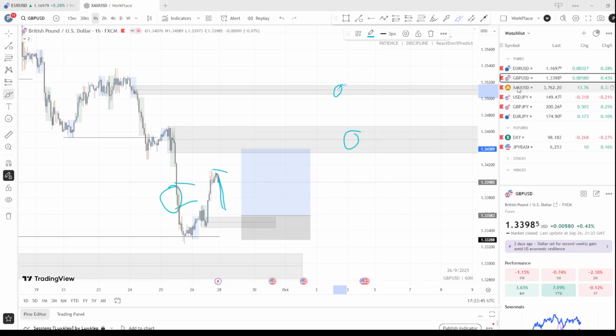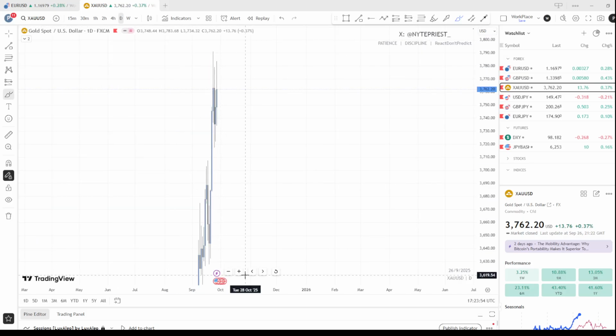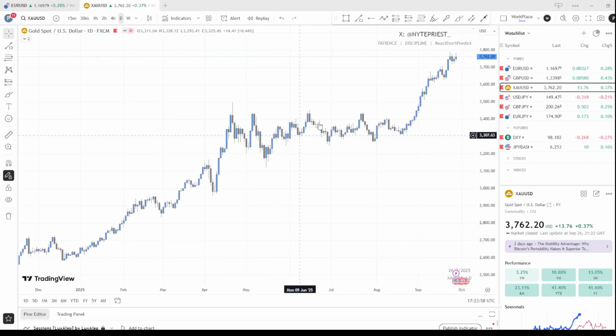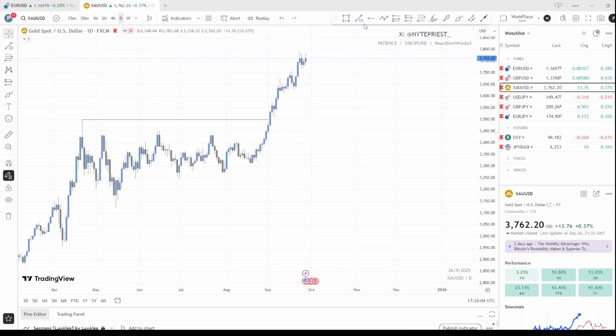So let's go to XAUUSD gold. On the gold daily time frame, we have a break of structure here. Okay. And a bullish fractal here.